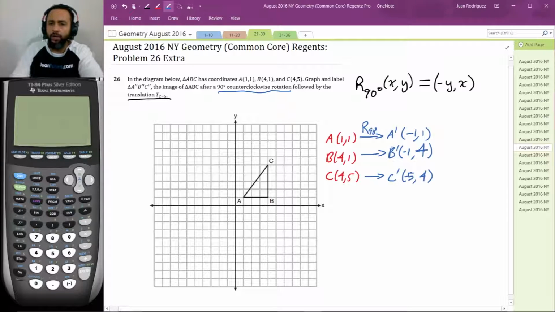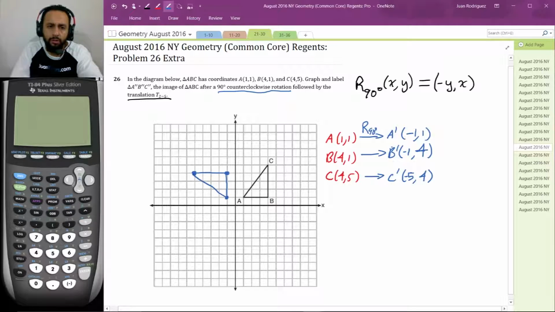Okay, so let's graph that. A prime is (-1, 1). B prime is (-1, 4). And C prime is (-5, 4). So -5, 1, 2, 3, 4. Okay, connect the dots.